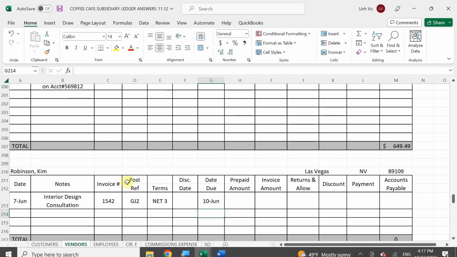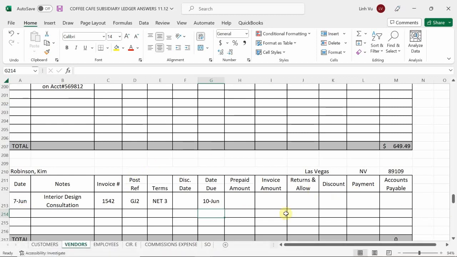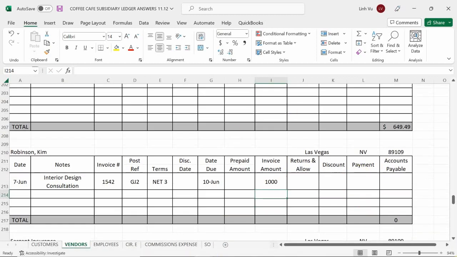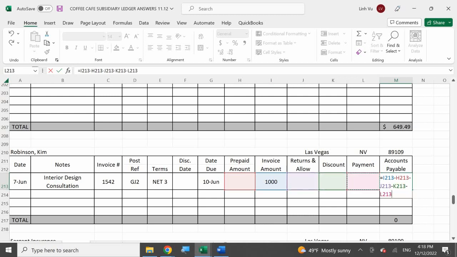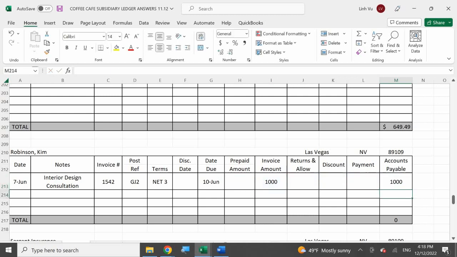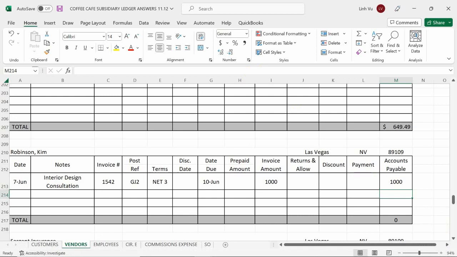So it's due on June 10, right? And how much was the invoice amount for? $1,000. And of course, you have yet to pay. So in this case, the formula is going to be invoice amount minus prepaid minus returns minus discounts minus payments. So right now, you owe Miss Kim Robinson $1,000.